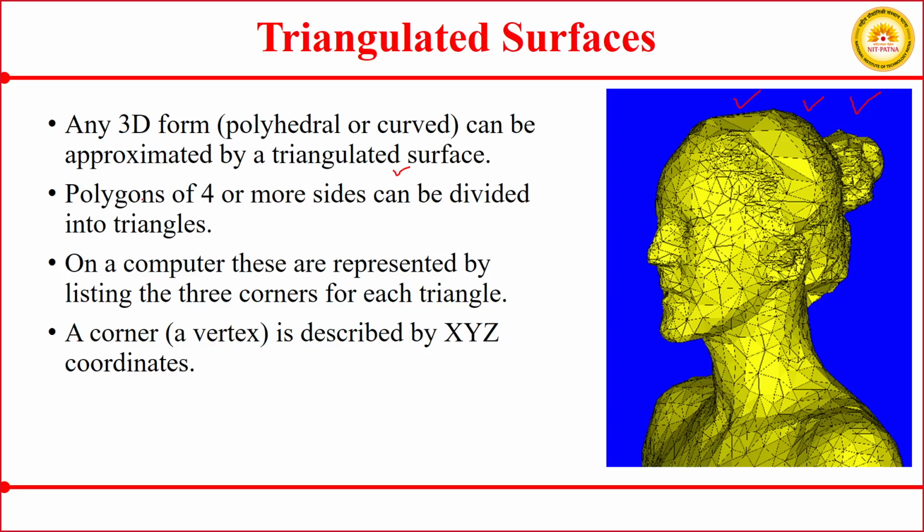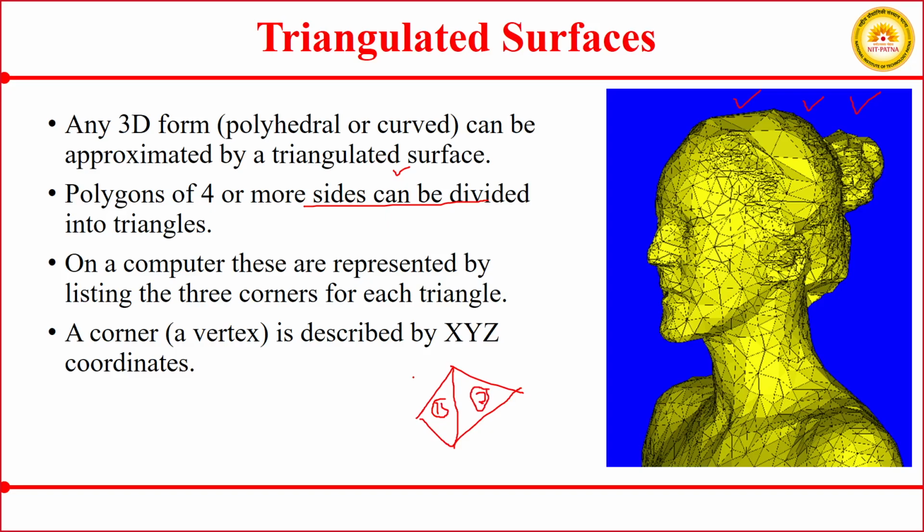In the case of polygons with four or more sides, these can be divided into multiple triangles. If there are three sides, we say it is a triangle, and if there are more than three sides, like a surface having four sides, we can divide it into triangle 1 and triangle 2.